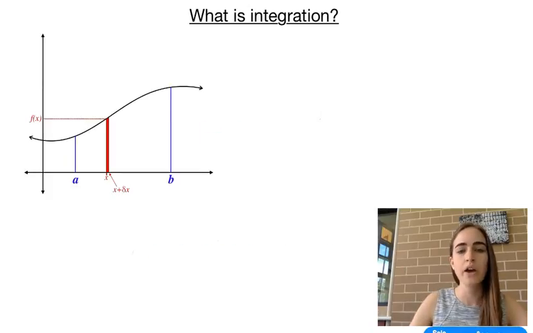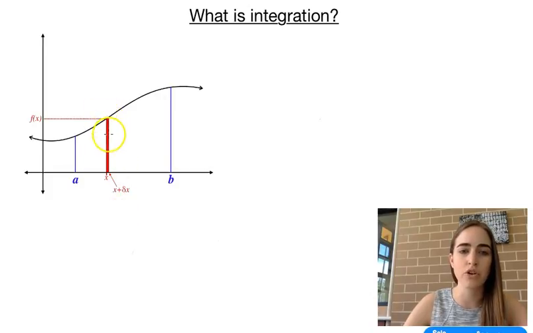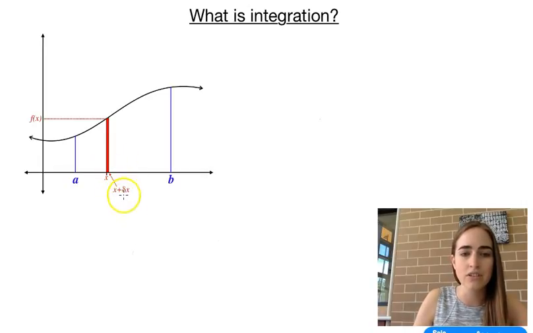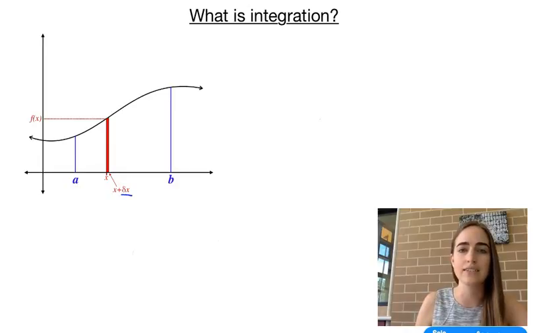So the idea is we're going to calculate the areas of lots of little tiny strips and add them all together to calculate the area of that whole region. So let's have a look at just one of these strips. So I've got a red strip coming down here. Now that's at an x value of x, and then its width is this delta x. So its x value at the start is just x, and its x value at the end of the rectangle is x plus delta x.